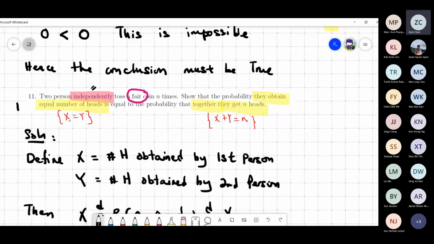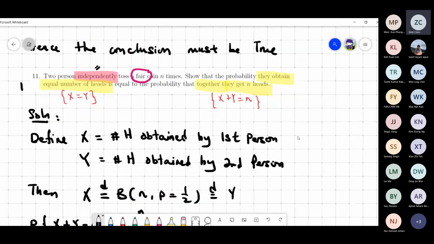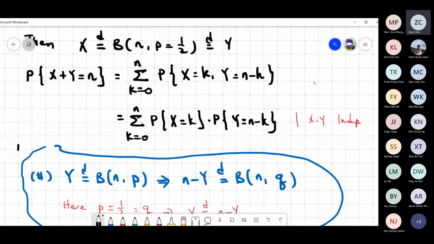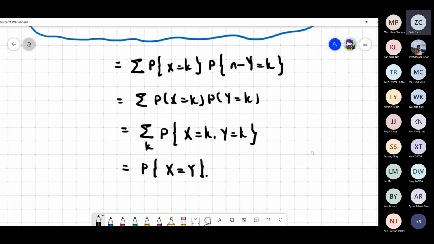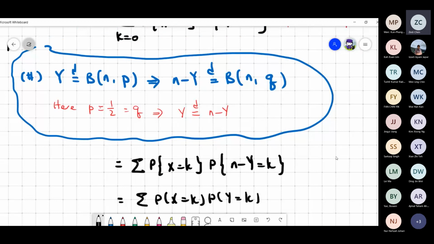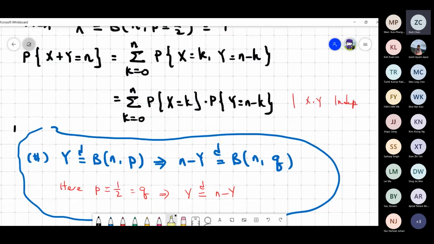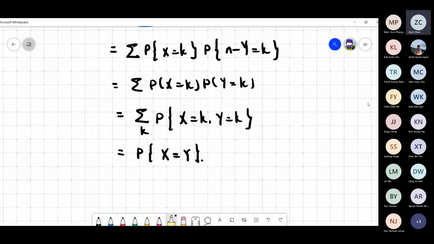The probability of the event X equals Y is equal to the probability of the event X plus Y is equal to N. Where is the first line? Yeah, this one. P of X plus Y equals N is just equal to this.